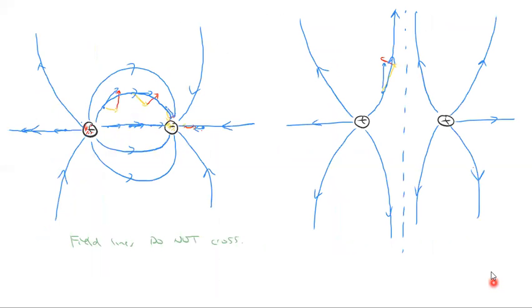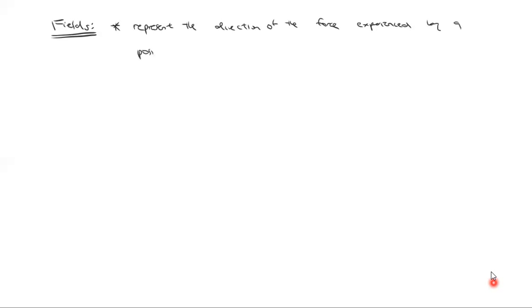Remember, this applies to all your fields, not just the electric field. Your fields represent the direction of the force experienced by a positive charge. The positive charge part is for the electrostatic field, which is the one we're studying now.